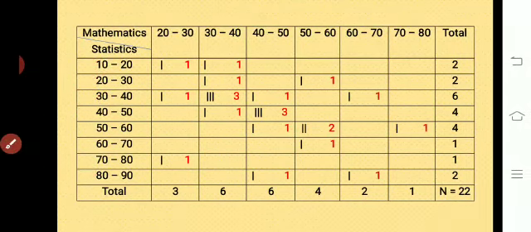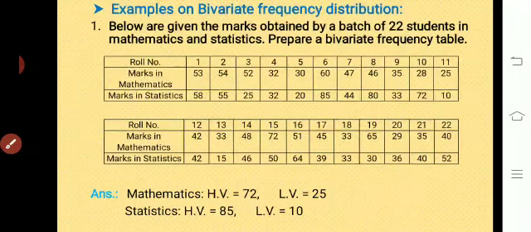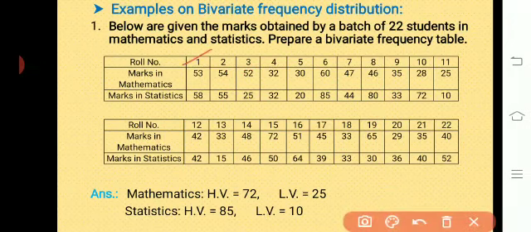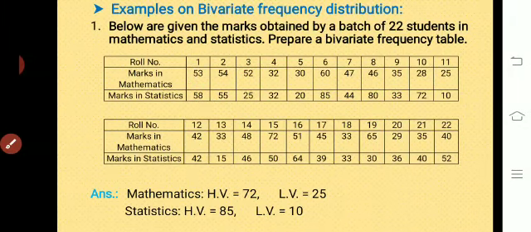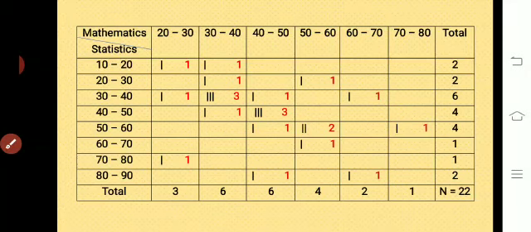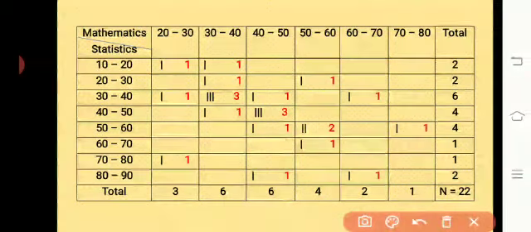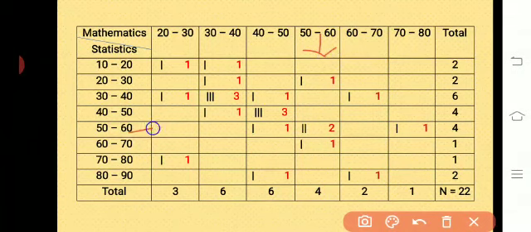Then if you go back and check roll number 1, marks in mathematics are 53 and marks in statistics are 58. Marks in mathematics 53 will come in this class interval, and marks in statistics 58 will come in this class interval.